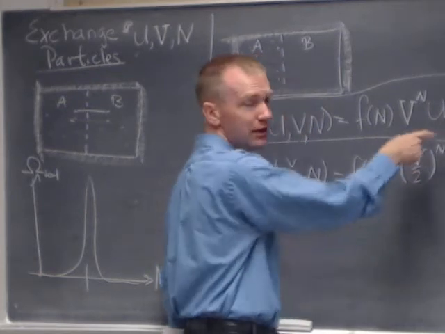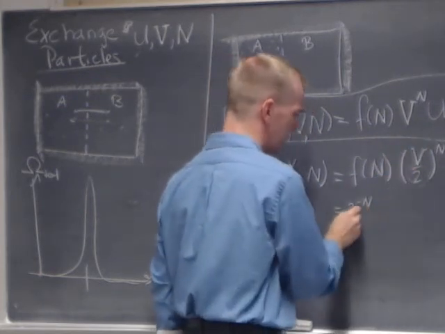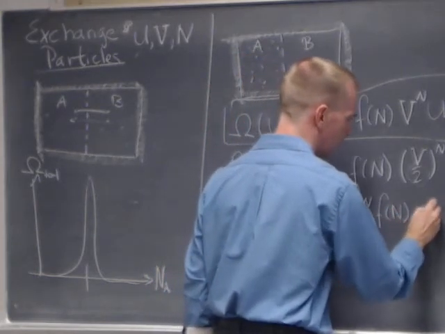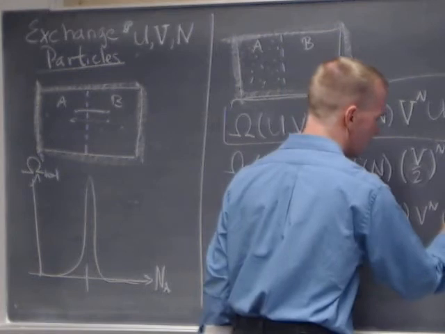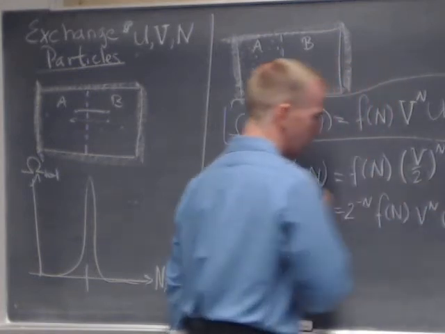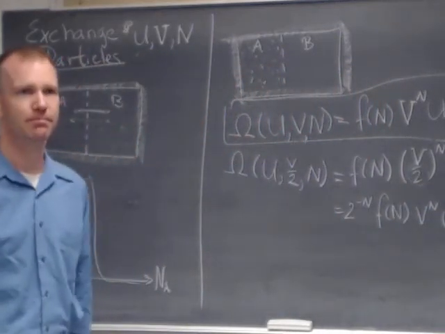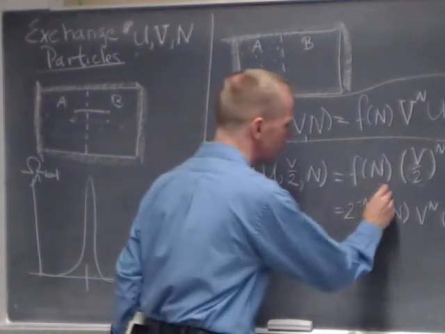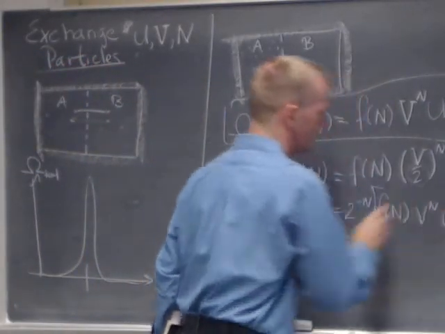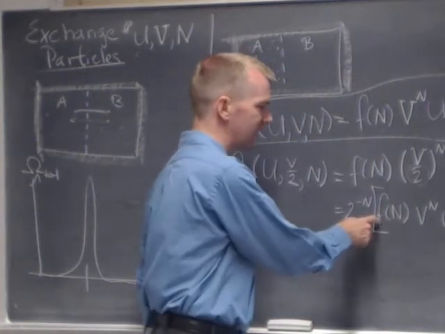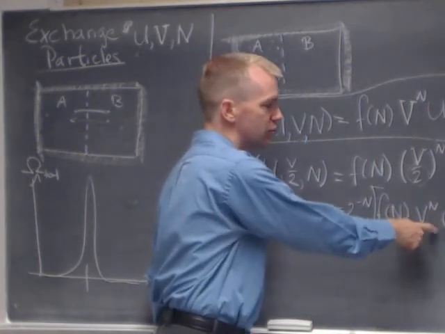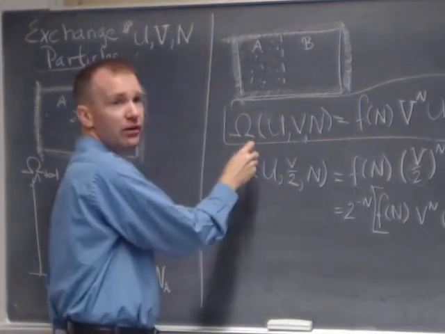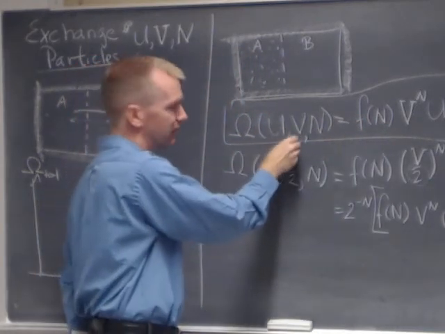It's 1 over 2 to the Nth power times V to the N. So it's 2 to the minus N. There. I think I did that right. So that's 2 to the minus Nth power times, well, f of N, V to the Nth, U to the 3N over 2 is the multiplicity of a system with energy U, volume V, and number N.